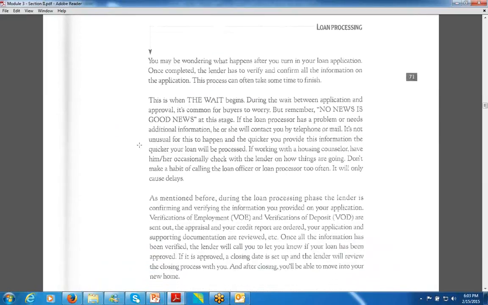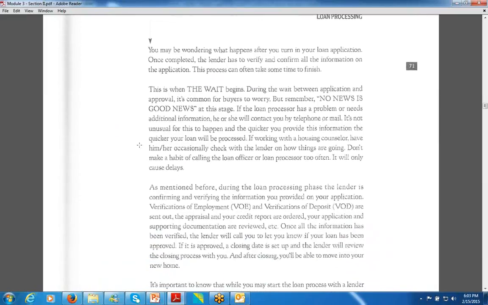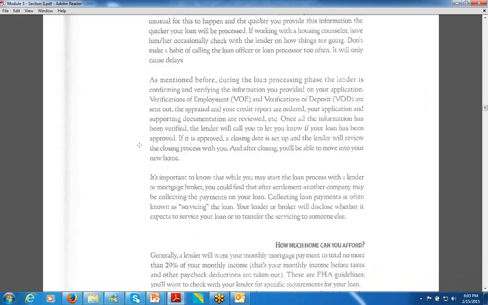Loan processing. Now that you've applied, now that you've submitted and you're waiting for final approval. You've had the pre-approvals, you've done your loan application, and now we're waiting for final approval. There's going to be some verifications, okay?